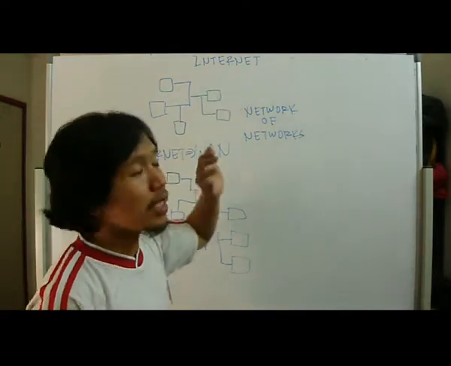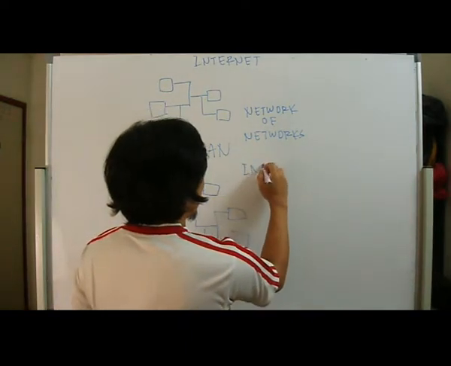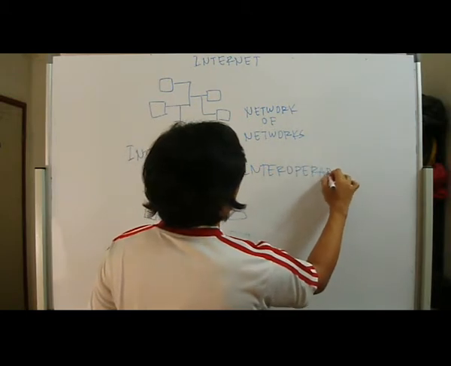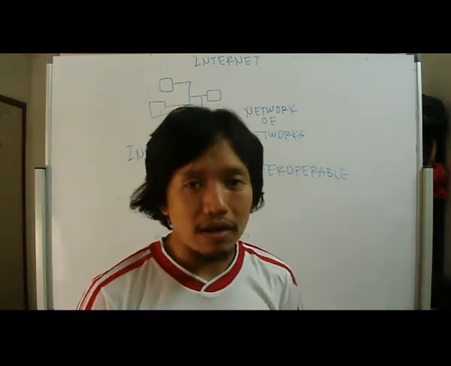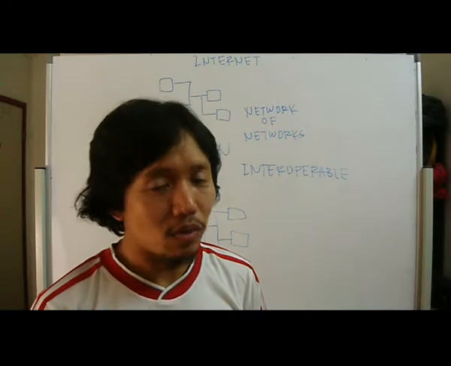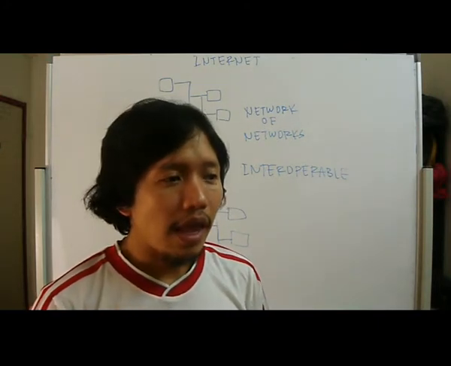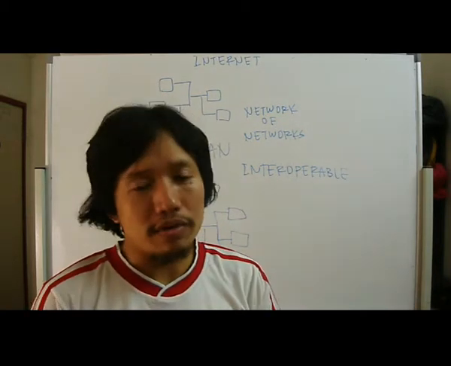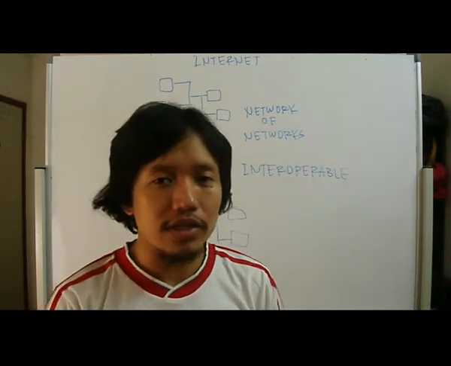Now, the nice thing about the internet is it's interoperable. That means if you're using a Samsung smartphone, an HP laptop, which is my case, an Epson printer, a D-Link router, and a TM modem, you can still use the internet by interconnecting these devices together.